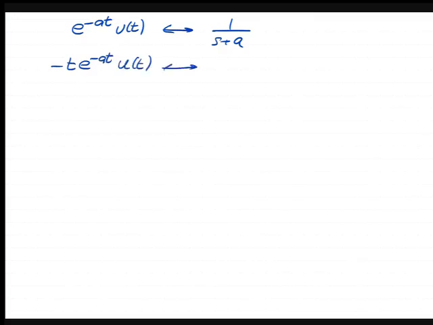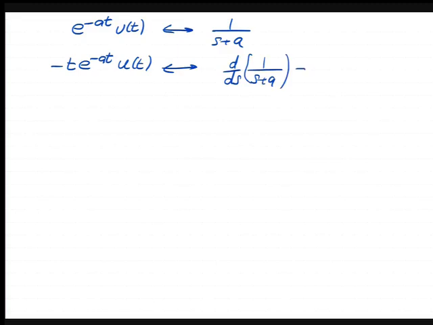So we saw this Laplace transform pair, 1 over s plus a, right? So if I apply this property, minus t times e to the negative at u of t will be the derivative of this with respect to s. d by ds of 1 over s plus a.